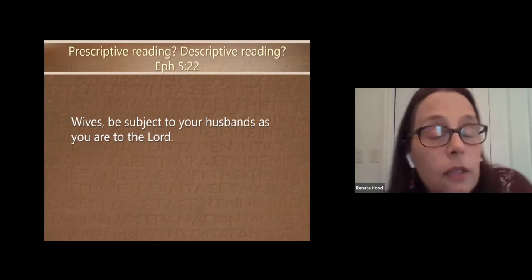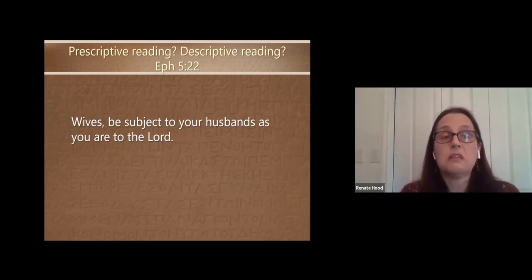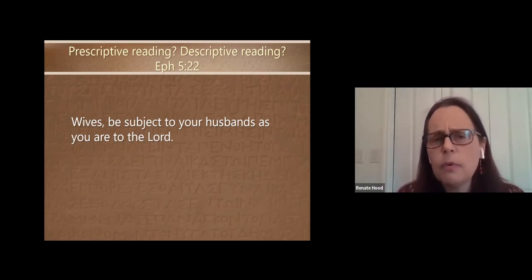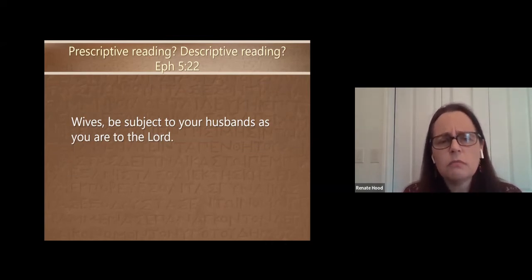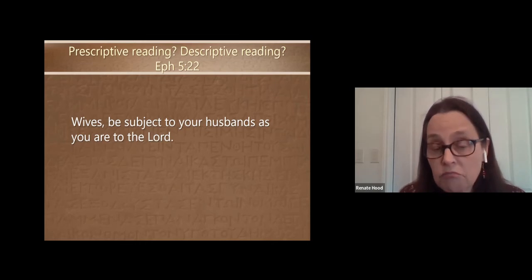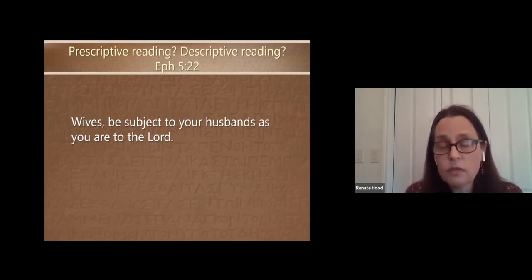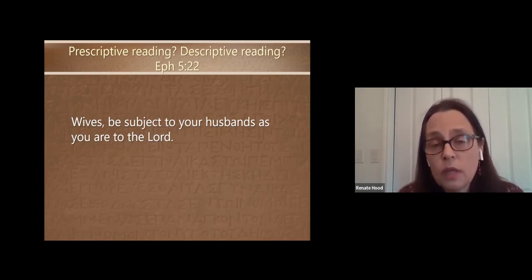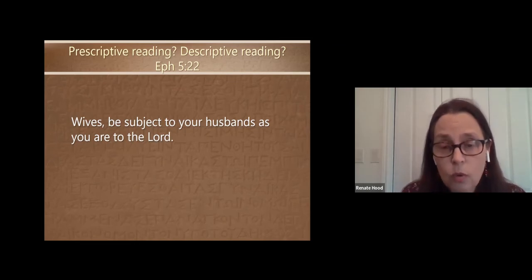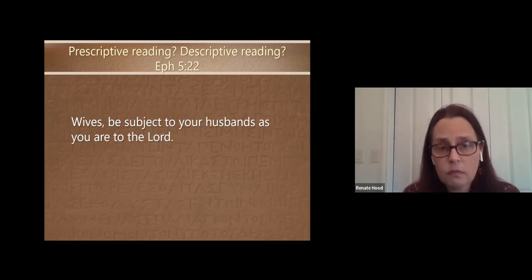So if you bring that into today's context, it would look like that. Some people go like, well, but there's all sorts of caveats now. In that context, that's what it is. And so then you do that today too. So then wives are underneath husbands, and husbands rule over wives today.